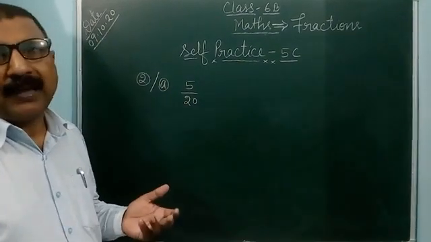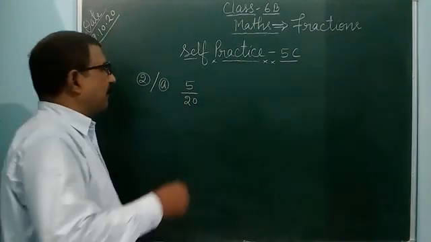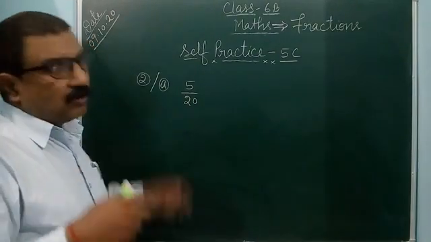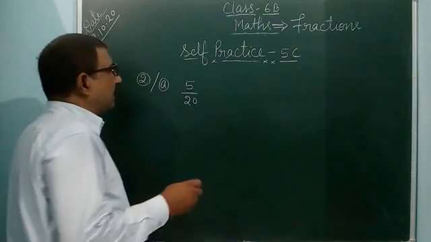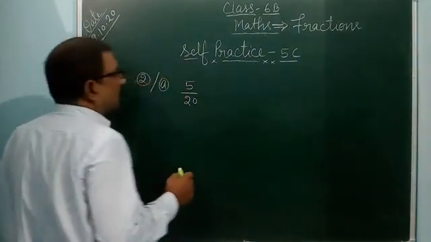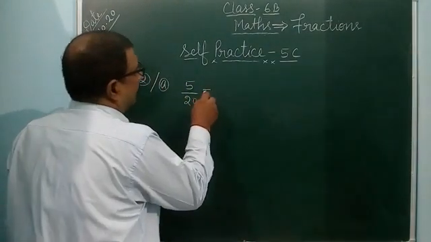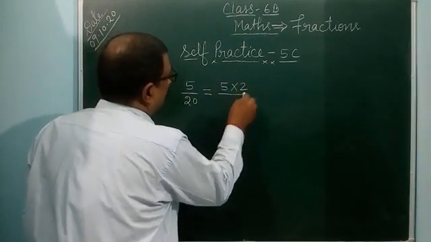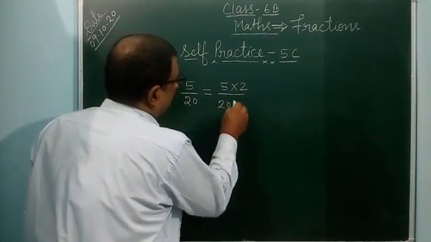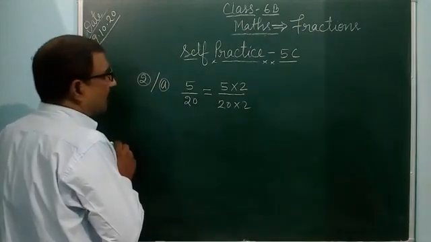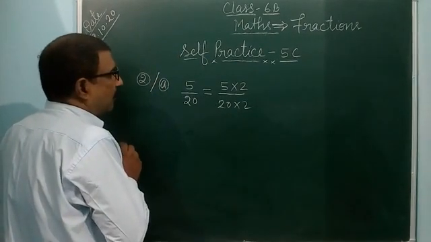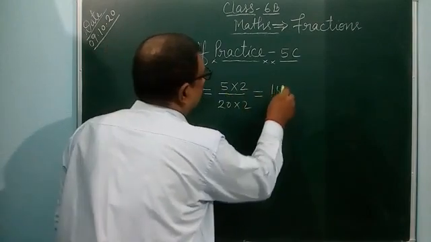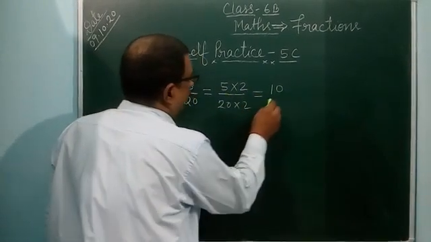So you can multiply by 2, multiply by 3, multiply by 4, multiply by 5. You can use the same number multiplying with numerator and denominator. Like that you can see 5 multiplied by 2, 20 multiplied by 2. So you can write 5 to the 10 and 20 to the 40.